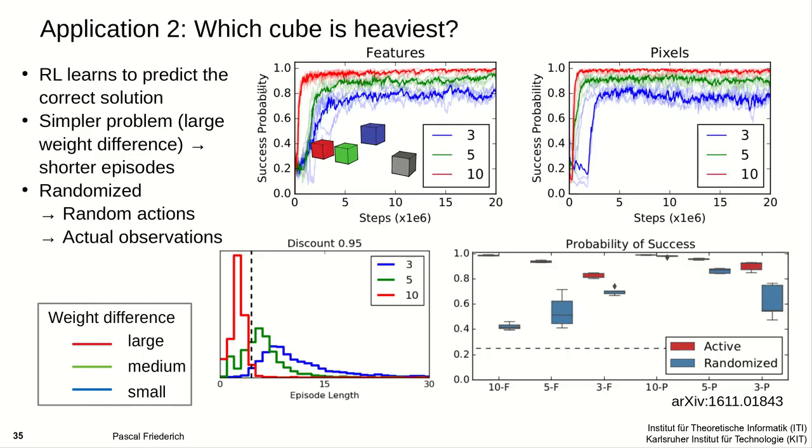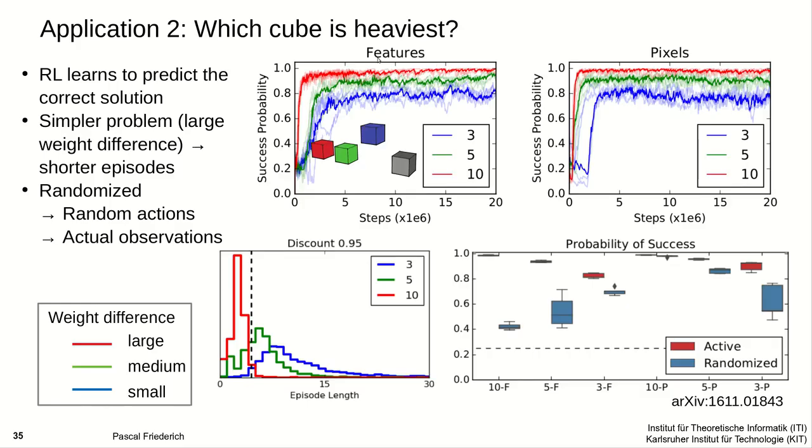So it does experiments and predicts the correct answer as a function of the number of steps that we have trained. You can already see this is a quite large number, so we have 10 million, 20 million steps that we have to do, but then we get very, very high probabilities that the reinforcement learning algorithm learns to predict the correct outcome.